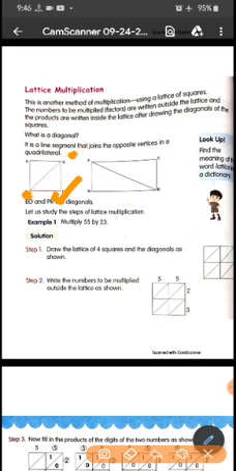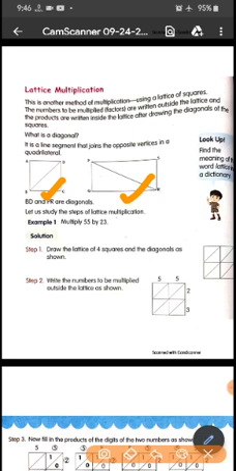After doing this, BD and PR are diagonals. So here in this BD and in this PR, both are diagonals. The line which joins the two opposite vertices of any figure is called its diagonal.